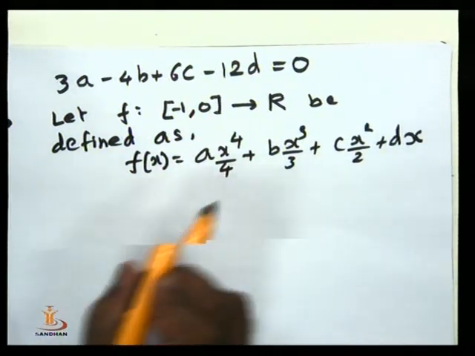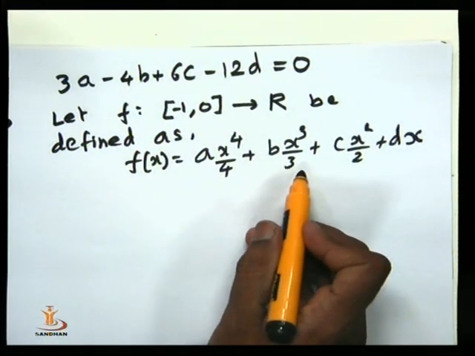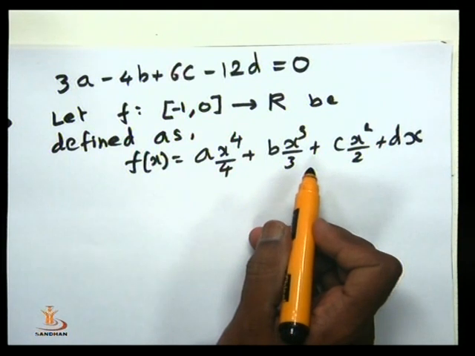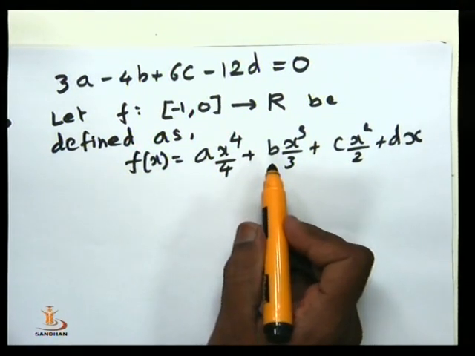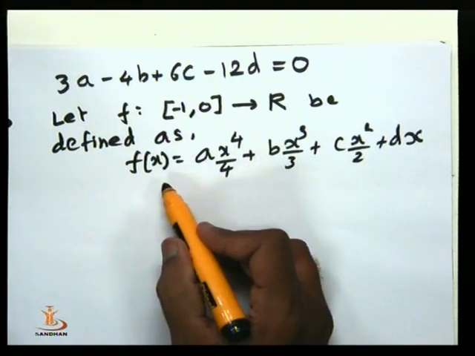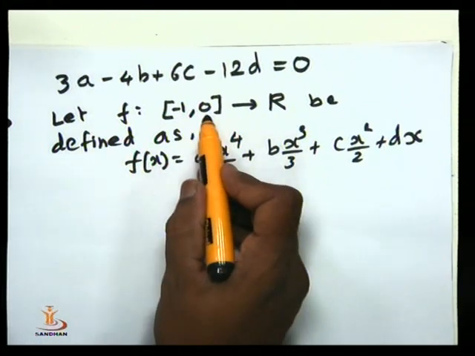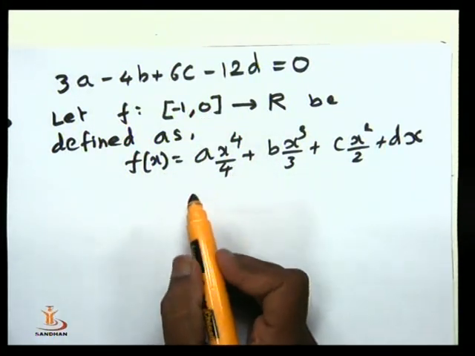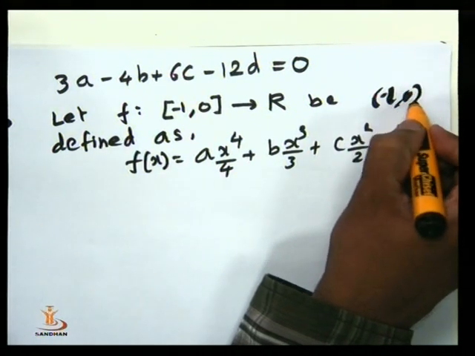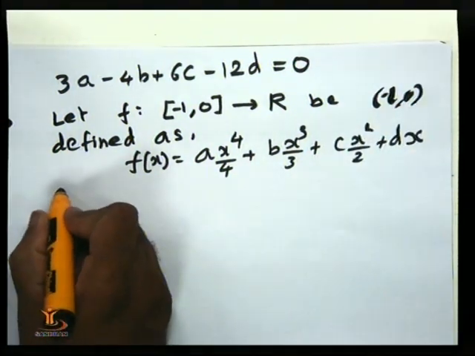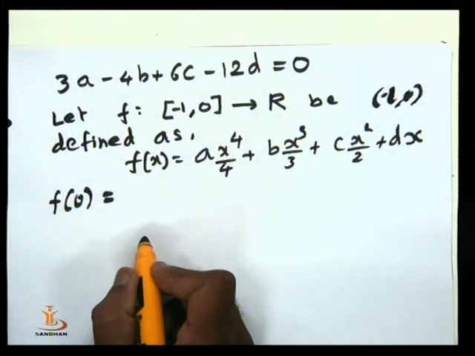Now let us verify all the conditions of Rolle's theorem. This function is a polynomial function of degree 4. Every polynomial, as we know, is continuous and differentiable everywhere. So this f of x is continuous on the closed interval [minus 1, 0] and differentiable on the open interval (minus 1, 0). Moreover, let us check f of a and f of b. First I will find f of 0.